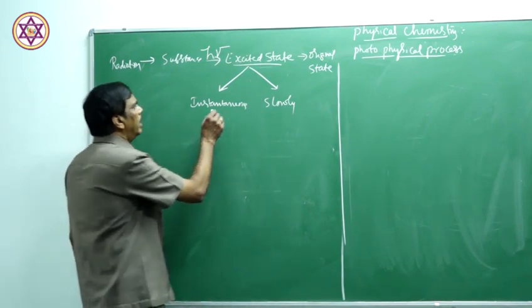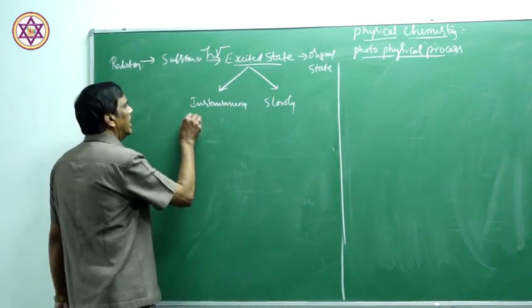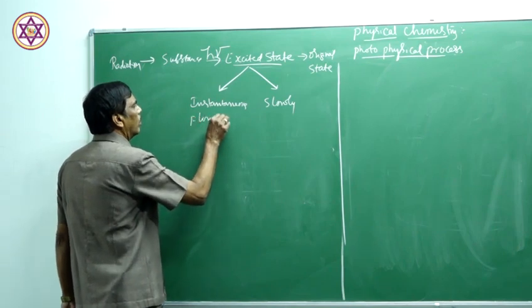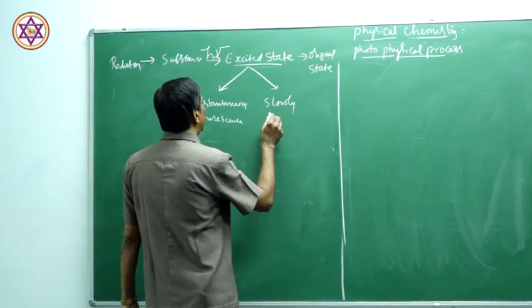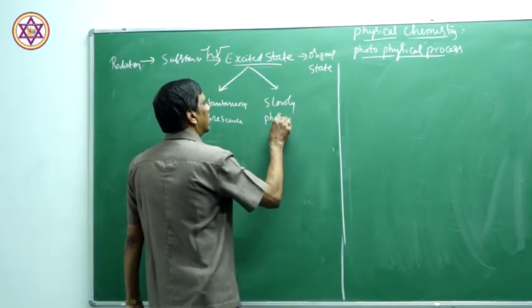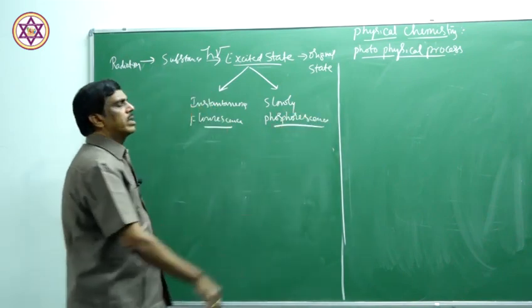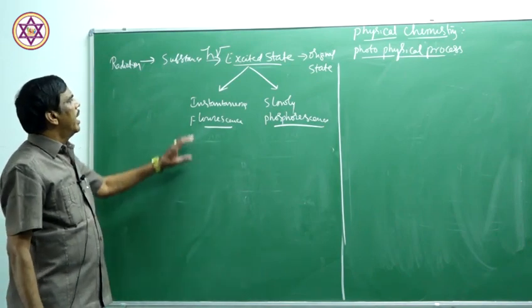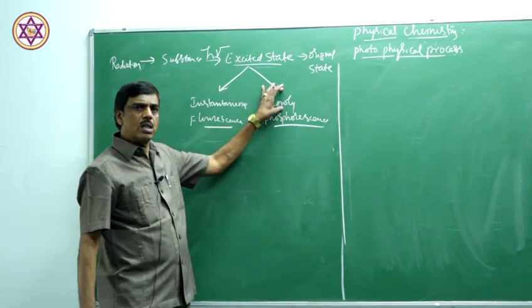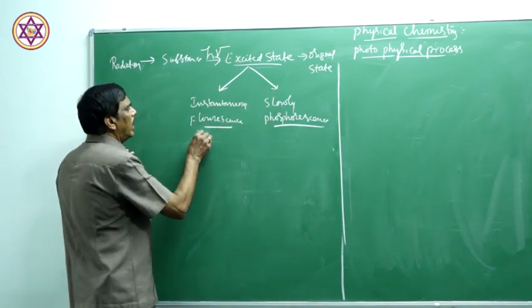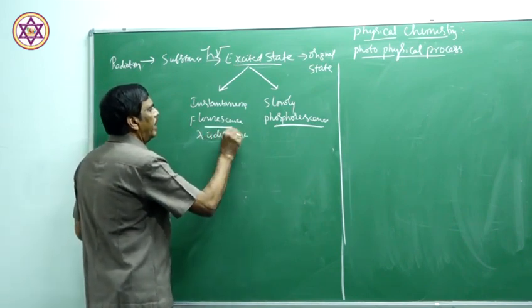Now, if you see the instantaneous and slow mechanisms, the instantaneous mechanism is called fluorescence, and the slow mechanism, where it slowly emits light, is called phosphorescence. Whether it is instantaneous or slow emission, the wavelength of the light emitted is different in both cases.